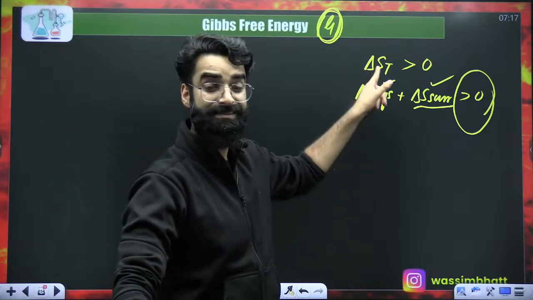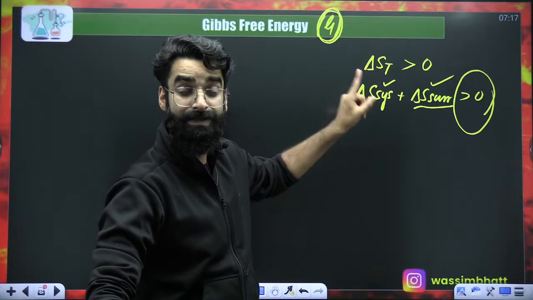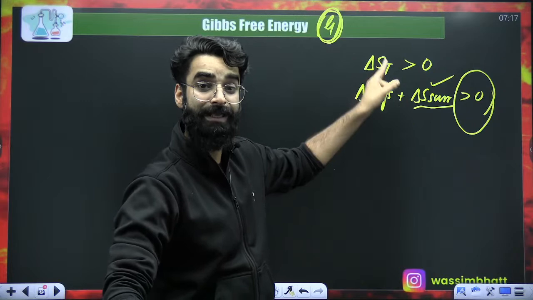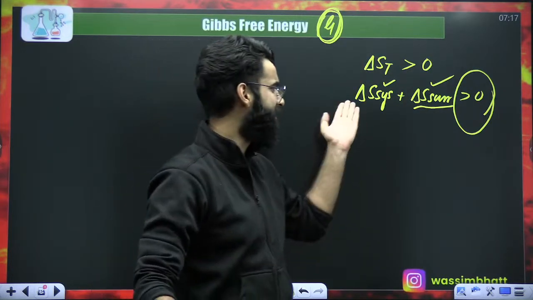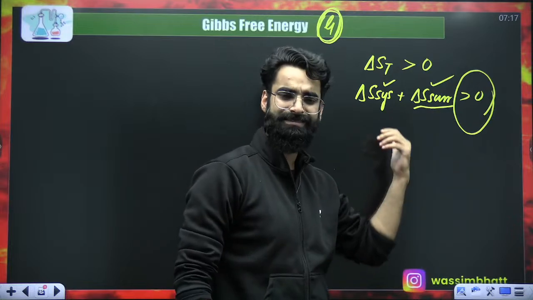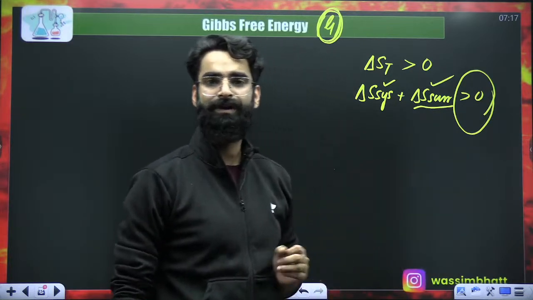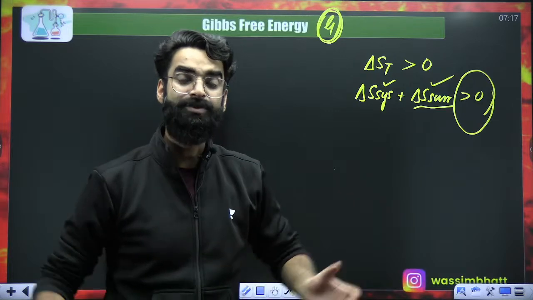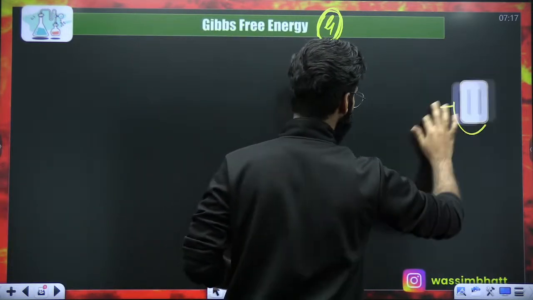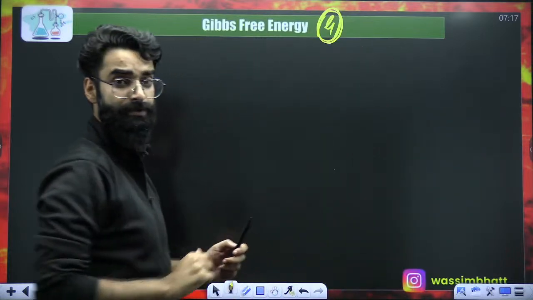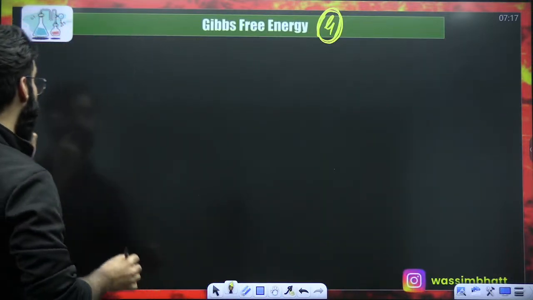Over here, if entropy is the criterion, then you have to calculate delta S system, then delta S surroundings, then add them up. So the calculations are lengthy. In order to reduce these calculations, a new function was introduced, which is what you call the Gibbs function.